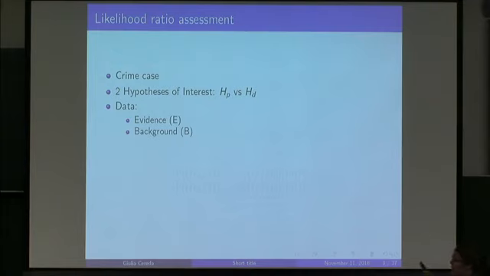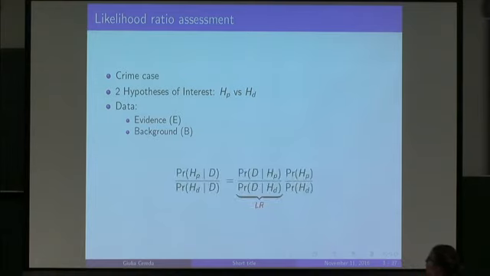This database has probably been collected before the crime, so it has nothing to do with this case, but still you will use this data for your case. So in the end, you have to calculate the likelihood ratio, which is the ratio of the probability of observing your data, so evidence and background, under the two hypotheses of interest.